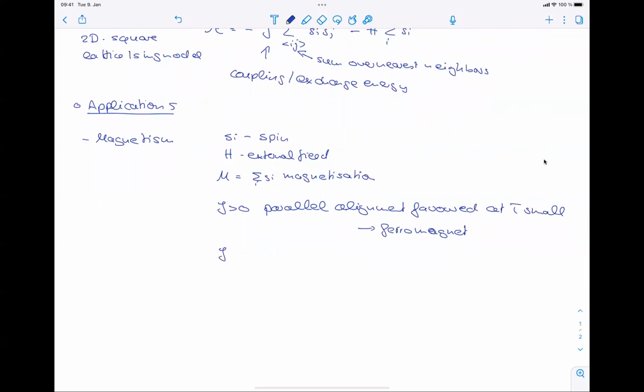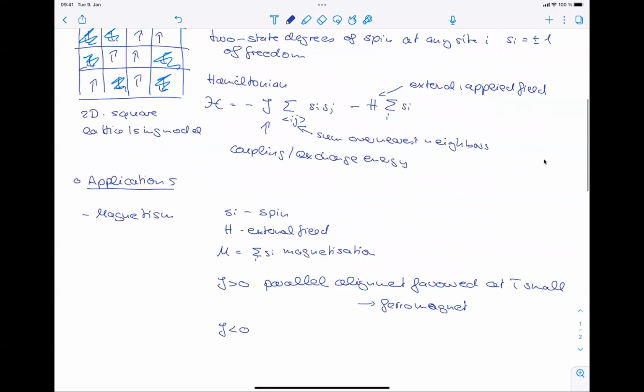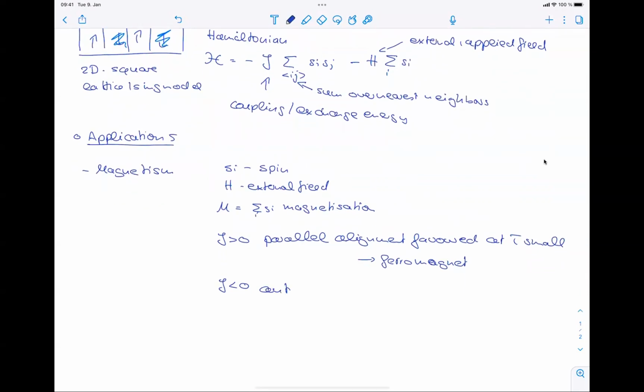We can also have J being negative. And that would then favor anti-parallel alignment. So the favored state would be one site being in the +1 state, and the neighboring ones being in the -1 state. So that's the anti-parallel alignment. That's for T small.